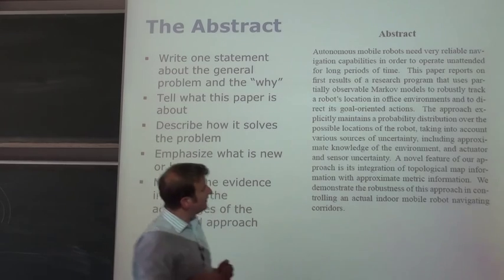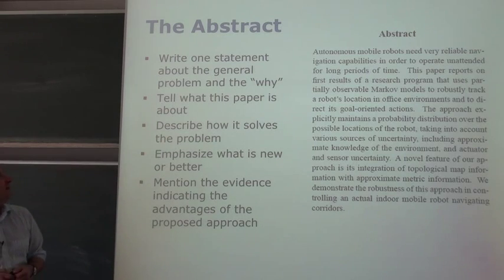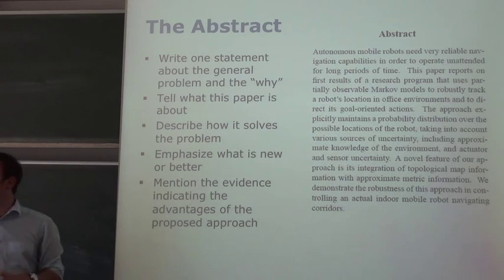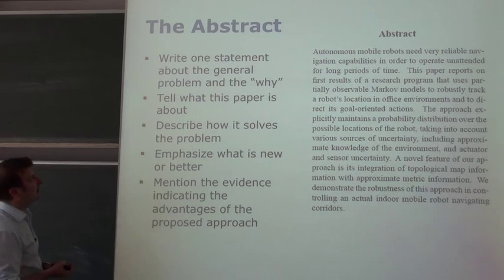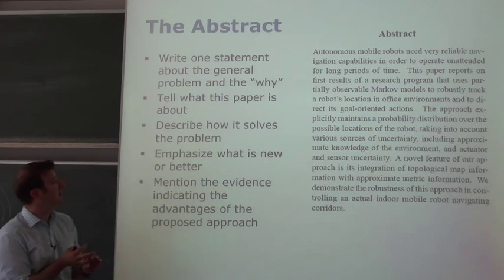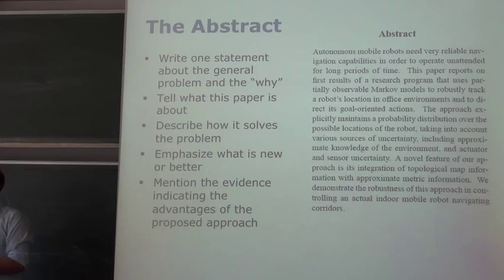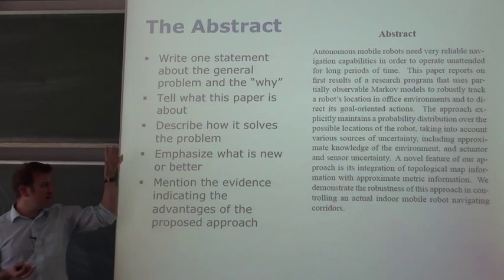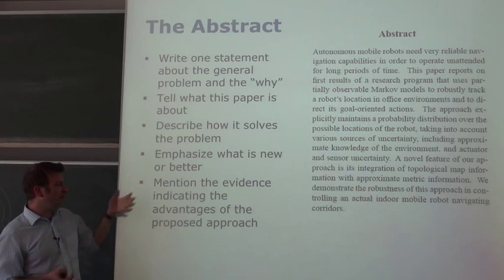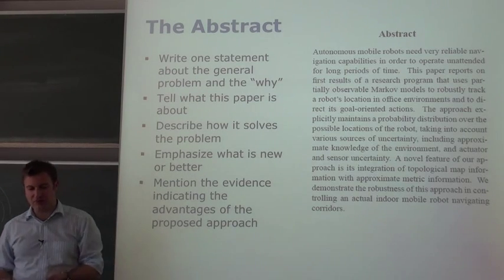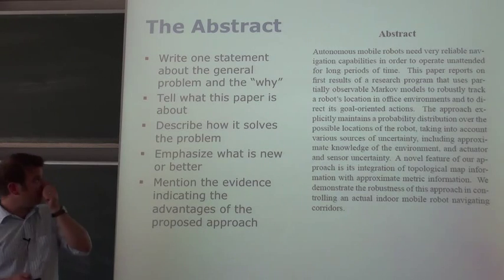This is the abstract of the paper, and what the abstract should do, as we said before, is write one statement about the problem in general and the why. We should tell what this paper is about, so what are we addressing. We describe how we actually solve the problem, at least sketch it in one sentence, emphasize what is new or what is better, and say what the impact is. So why is this approach better than what was done before.